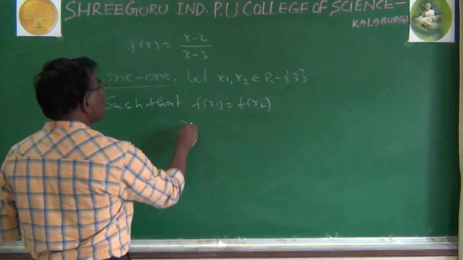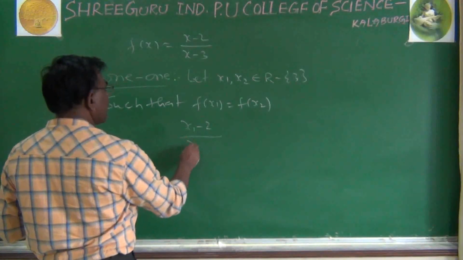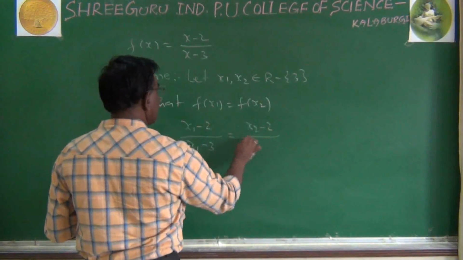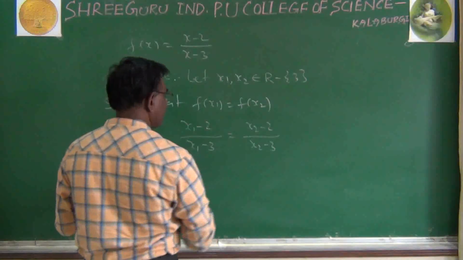x1 minus 2 by x1 minus 3 equals x2 minus 2 by x2 minus 3.